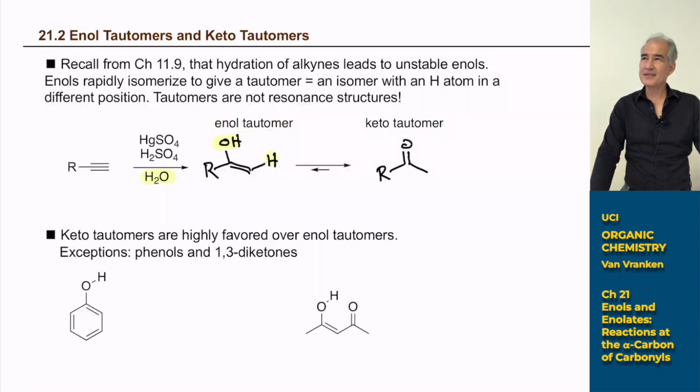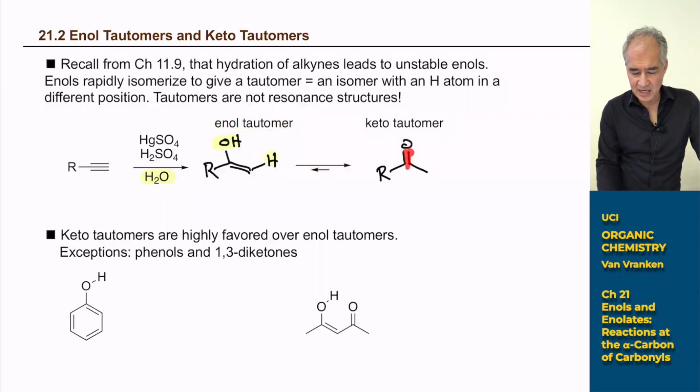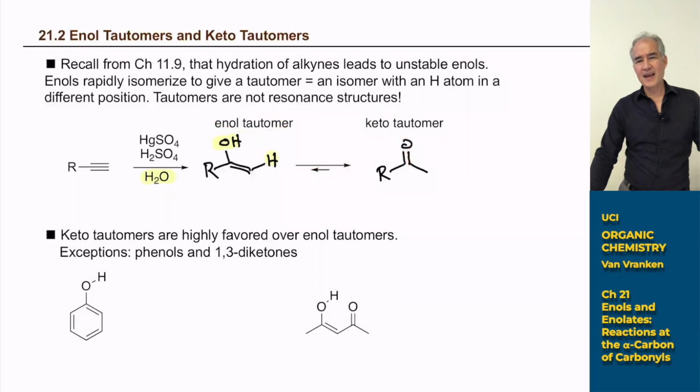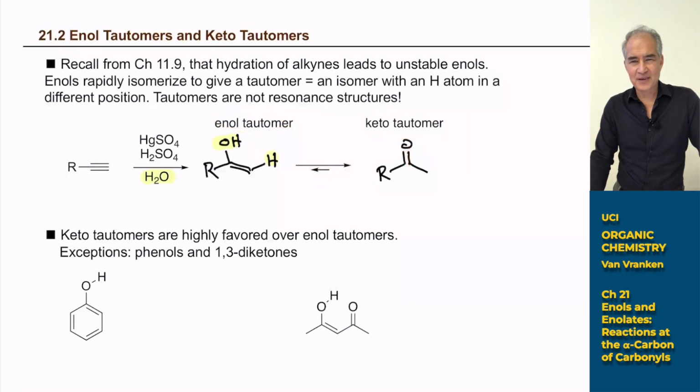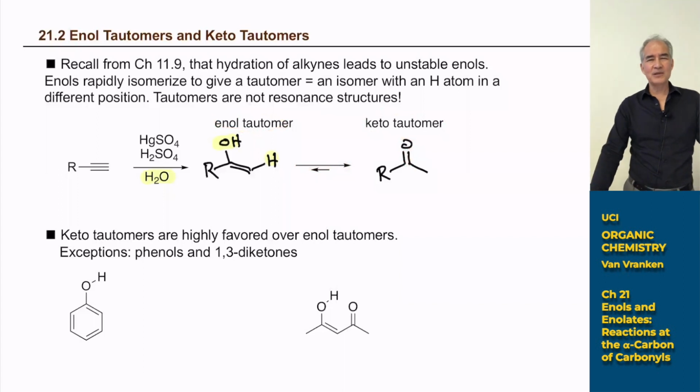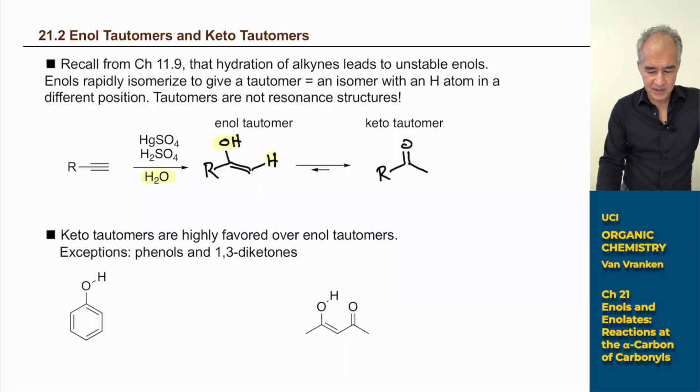You can't stop this isomerization. It's not stoppable. All the enols want to form carbonyl groups, C double bond O, right? That's the end point of organic chemistry. That drives organic chemistry. Global warming, CO2, everything wants to form carbon dioxide because it has 2 CO double bonds. So you can't stop this isomerization.